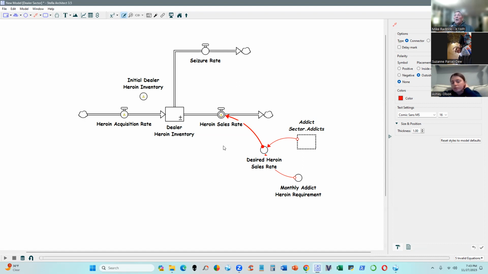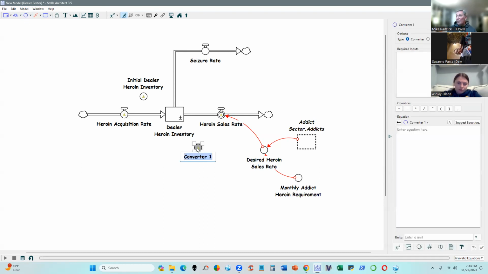It's what they can get. Or there might be some heroin inventory, but not enough to satisfy everybody, so it has to be rationed, right? So what we need is first order control. We have to say, look, when that stock is empty, stop selling heroin to the addicts because there's nothing to sell, right? So typically we would use a table function for this.